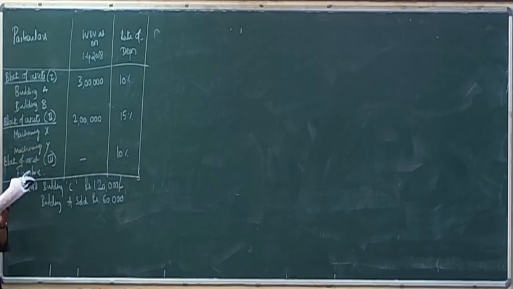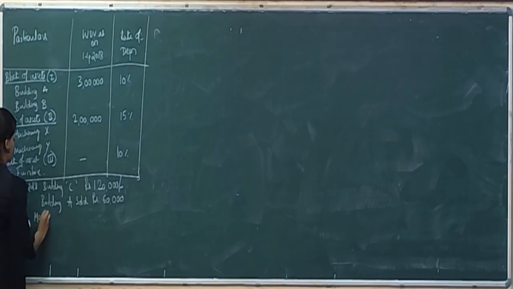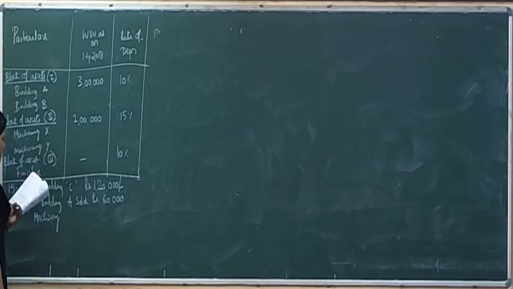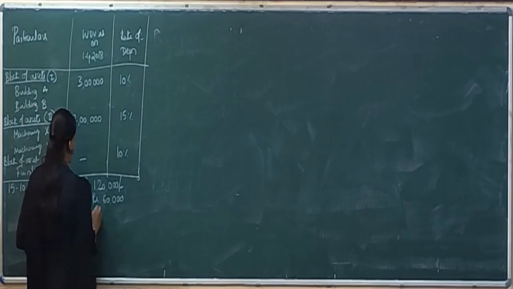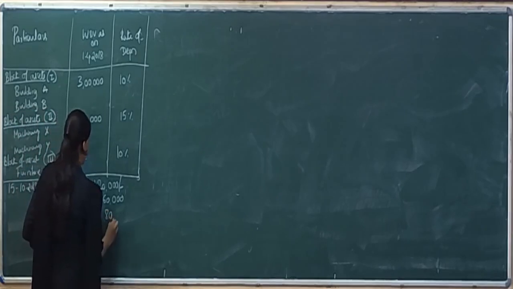The new machinery belonging to the second block of asset was purchased for rupees 80,000.